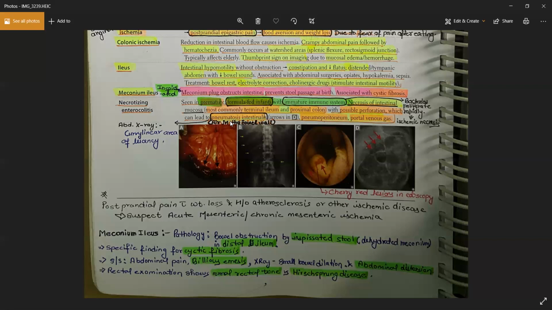If I draw the diagram for you, this is a normal bowel wall, and that would be seen in the X-ray also. In case of pneumatosis intestinalis, the air will be present between the layers of the bowel wall, so it will be seen like this.